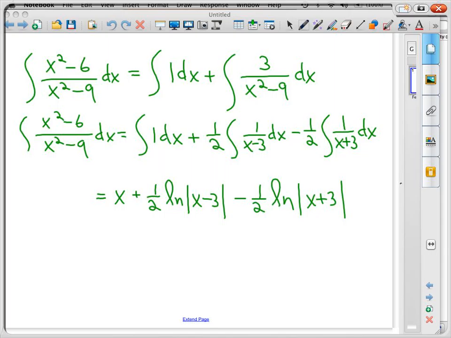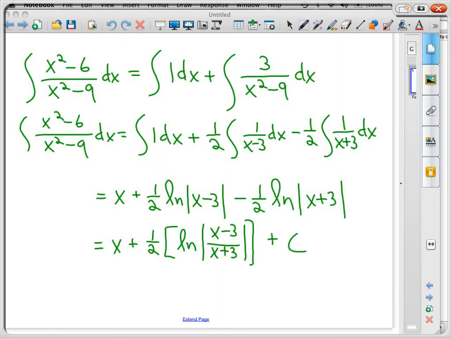Now, just because I can, I'm going to show you that I can combine these two by doing something as simple as this: x plus 1/2 times the quantity. I'm going to factor out the 1/2, and then put the x minus 3 over the x plus 3, since they're being subtracted, and that's plus C.